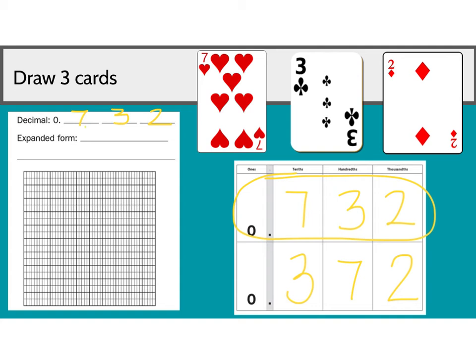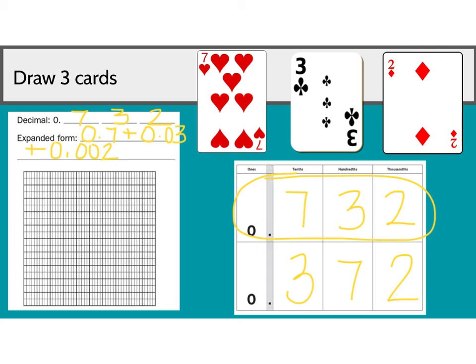So we would have 0 and 7/10 plus 0 and 3/100 plus 0 and 2/1000 would be one way that we could write that. And of course we could use the fraction method or the multiplication in parentheses that we were using just a few minutes ago.